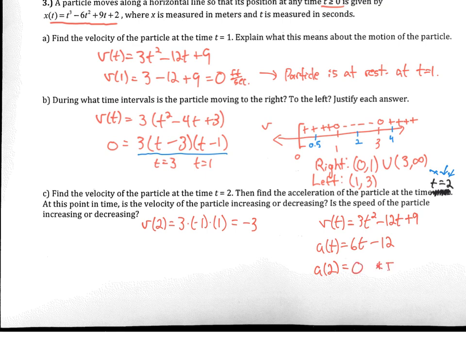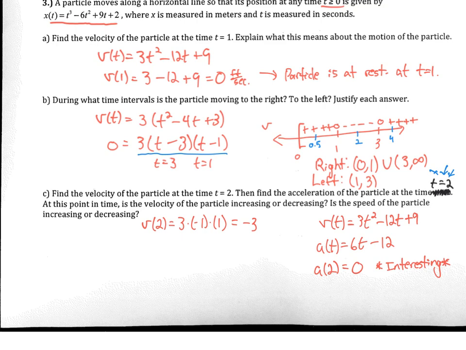Now this is actually really interesting for this problem because it's kind of unexpected. What we expected to have happen was the acceleration be either positive or negative. And if the acceleration was positive, that would mean the velocity is increasing. If the acceleration was negative, that would mean the velocity is decreasing.